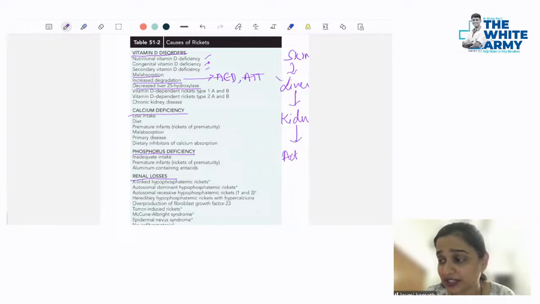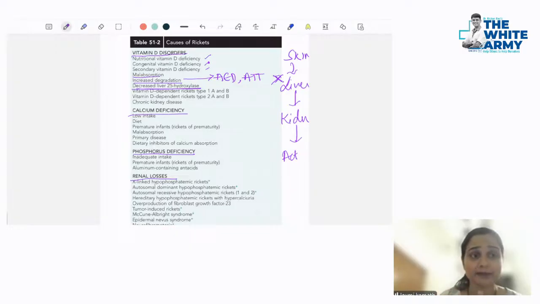So now if the liver is not good, it causes decreased liver 25 hydroxylase, which is very rare because this can only happen when more than 90% of the liver is not functioning. So very rarely in cirrhosis of the liver also you can get a vitamin D deficiency picture.